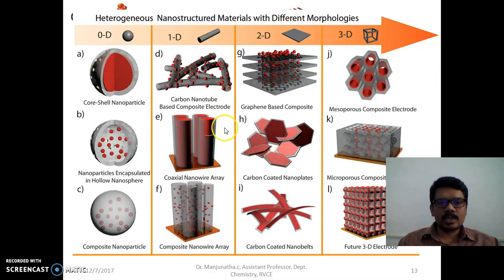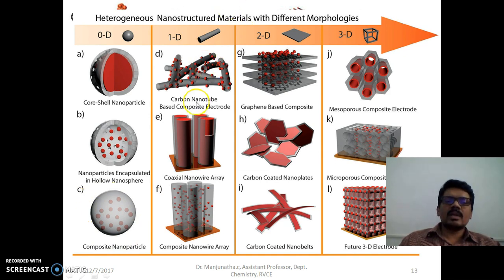And this is another picture showing the classification of 0 to 3D. Zero means they may be spherical, and even in the sphere, it may have some other small particles. We have coarse nanoparticle, we have encapsulated hollow sphere, we have composite nanoparticle.